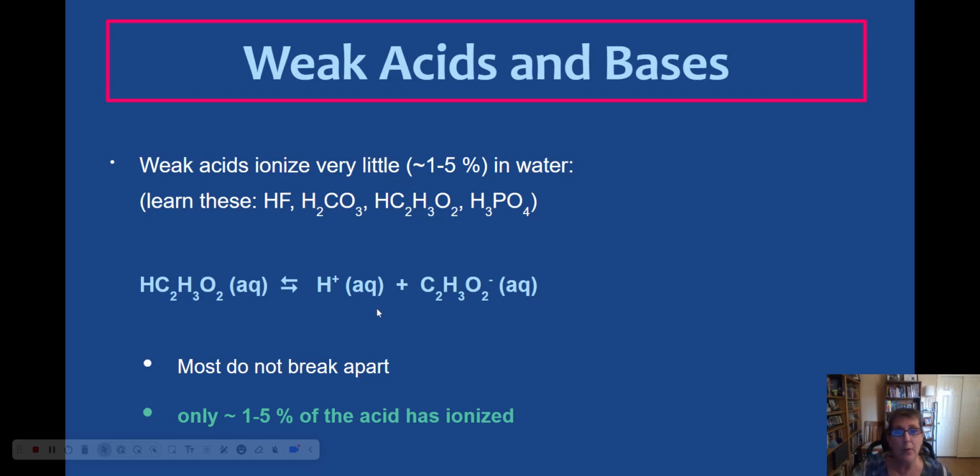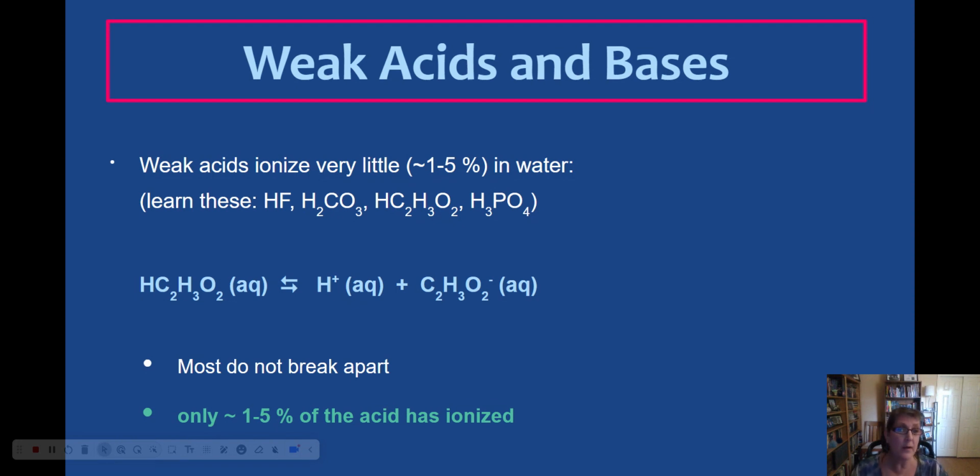Here's an example equation showing the acetic acid. So we have HC2H3O2 in water, but we have a double arrow because not all of it goes to the products. Just a little bit makes H plus and C2H3O2 minus.